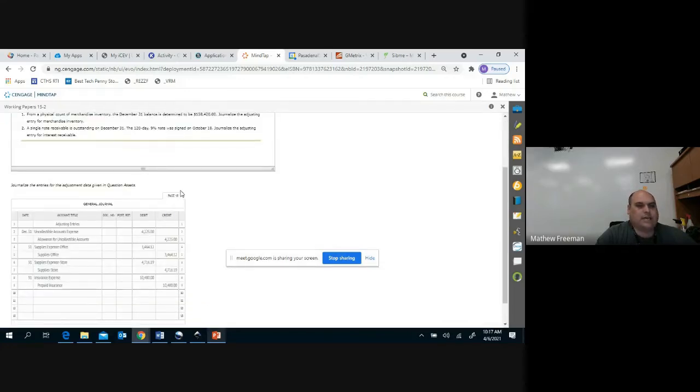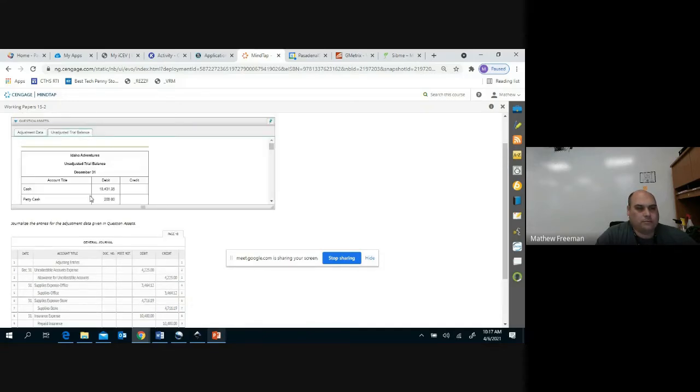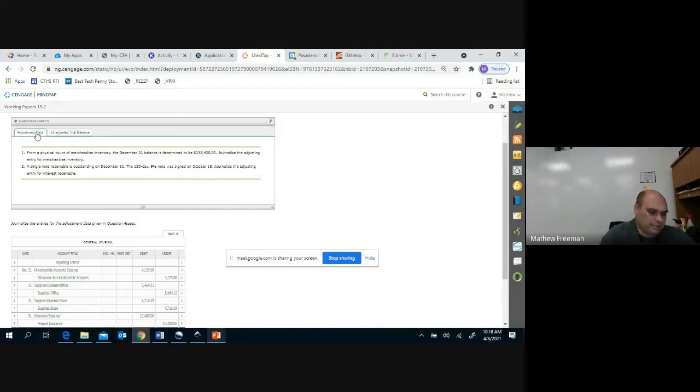Okay, same thing. Physical account merchandise, December 31st balances to be 158,000. Journalize the adjusting entry for merchandise. So it's 165.5 minus the 158, or 20.